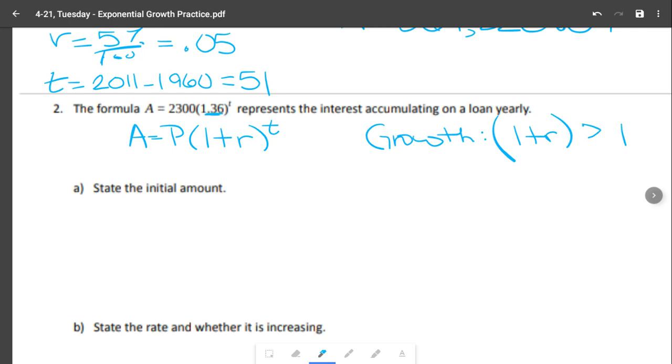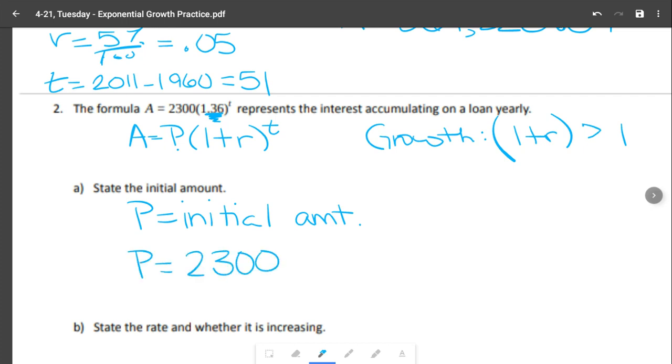And since it's a 1.36 in there, that is bigger than 1, which implies growth. State the initial amount. P, remember, is the initial amount. And the P is what's in front of the parenthesis. So my initial amount is the 2,300.